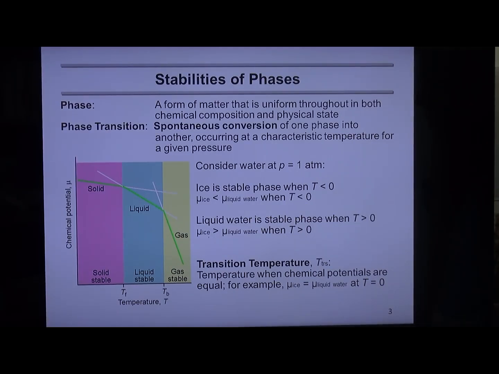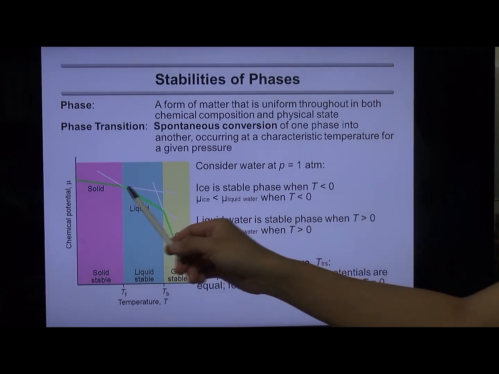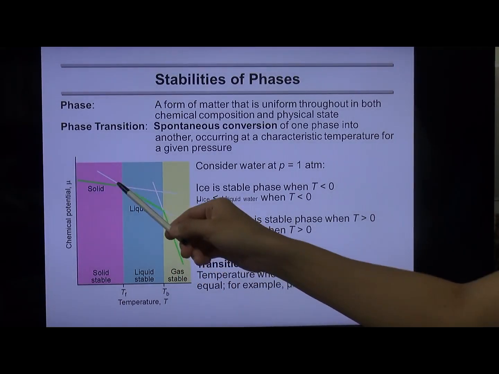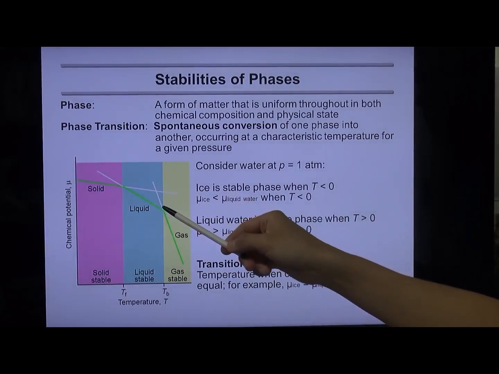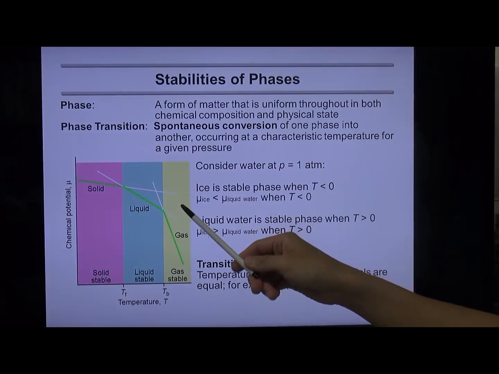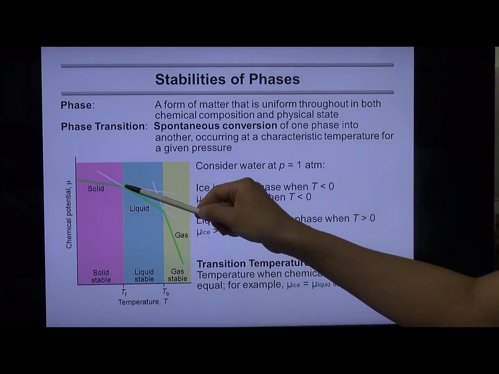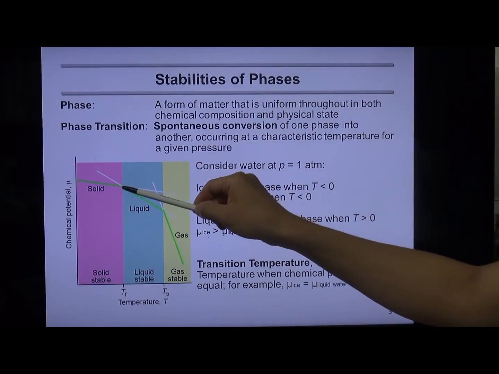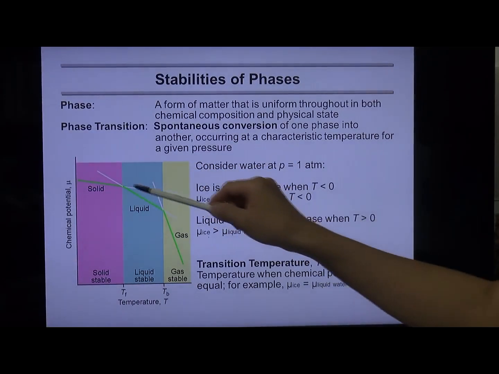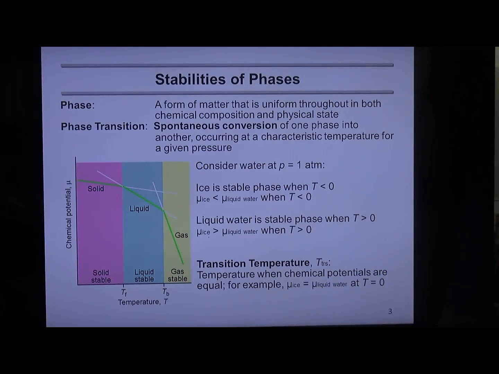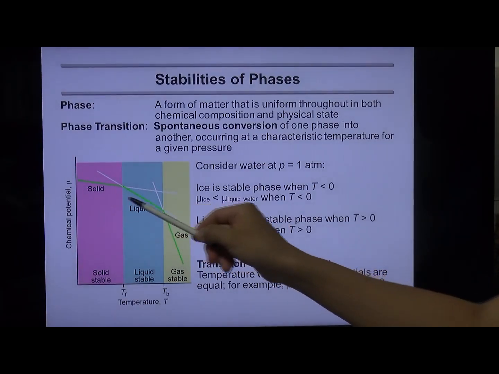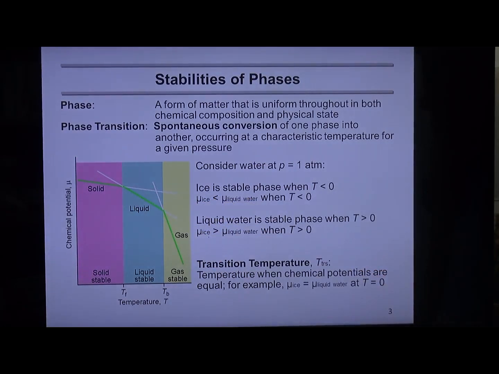As you can see, there is a certain temperature at which chemical potential of two different phases meet. For example, here, chemical potential of solid and liquid meet. This is the temperature at which phase transition between solid and liquid occurs, which is the melting temperature, TF.